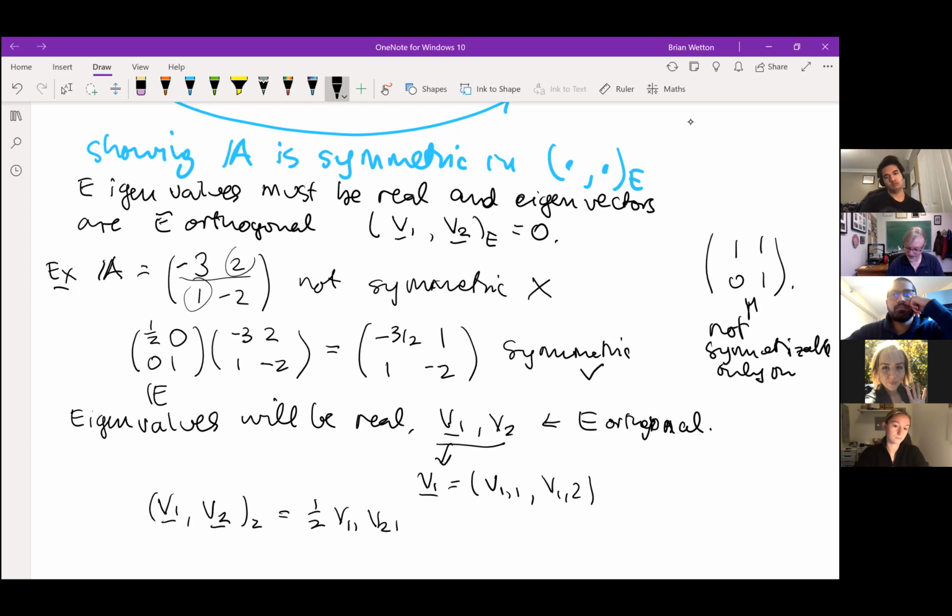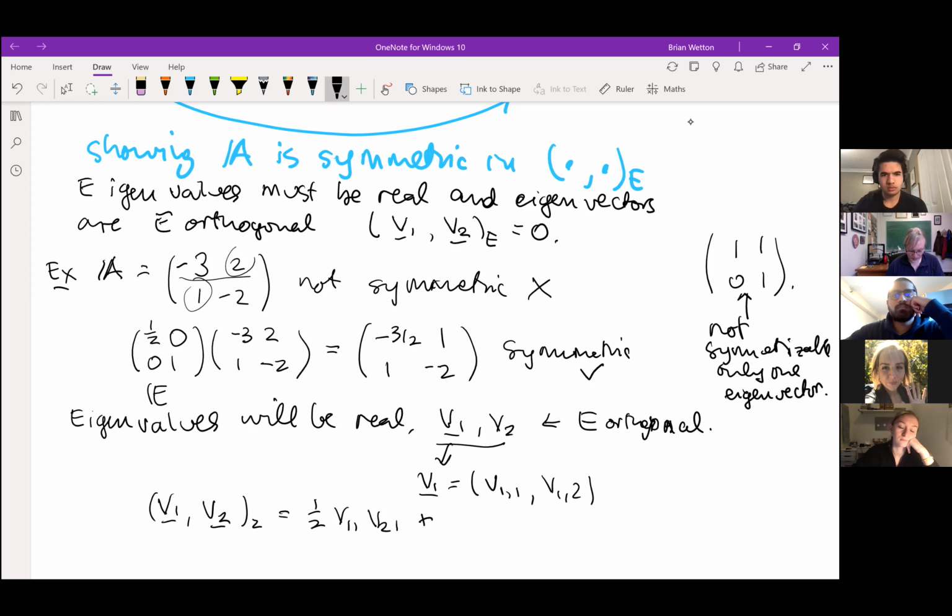Only one eigenvector, right? That's the other nice thing that comes from symmetric matrices: you know that you never have the case where you've got repeated eigenvalues but fewer eigenvectors than the number of repetitions of eigenvalues.